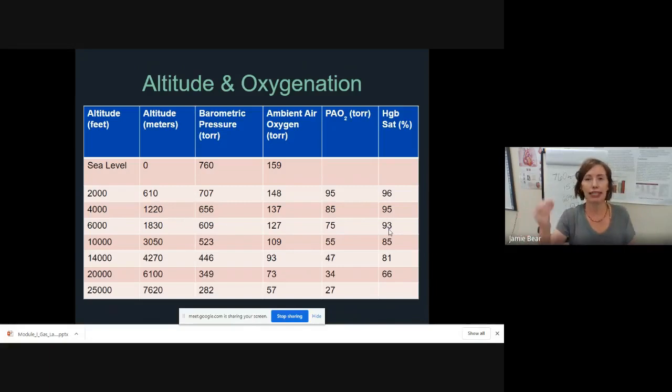As we continue on, we'll talk about ways that we acclimate, but just know that we are always at a disadvantage here when it comes to oxygen. That can really be a problem for people with chronic lung or heart conditions, because if they're already hypoxic due to problems of the lungs or the heart, it can be even worse here at altitude.